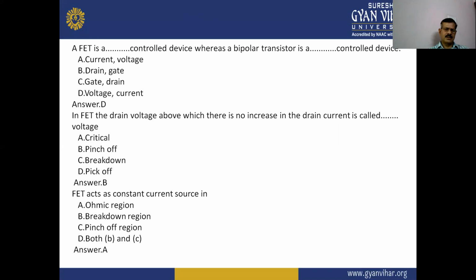In a FET, the drain voltage above which there is no increase in the drain current is called dash voltage. Option A, critical voltage. Option B, pinch off voltage. Option C, breakdown voltage. And option D, peak voltage.